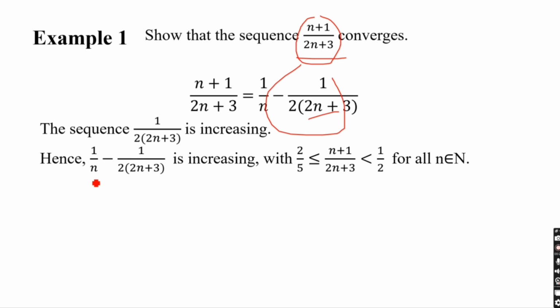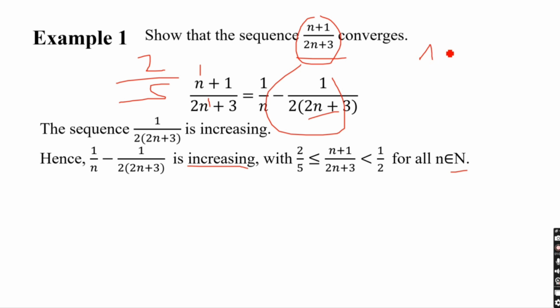When we insert the value n, which is a natural number starting from 1, it will be 1 plus 1 equals 2, and 1 times 2 plus 3 equals 5, so 2/5 is less than or equal to (n+1)/(2n+3), which is less than 1/2.